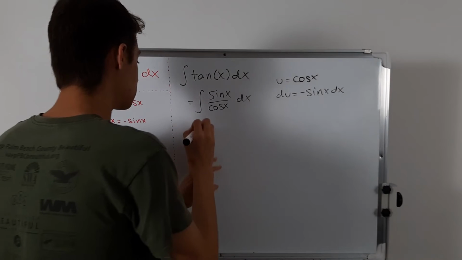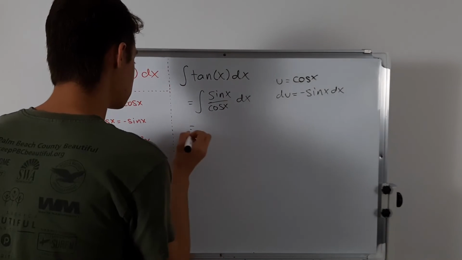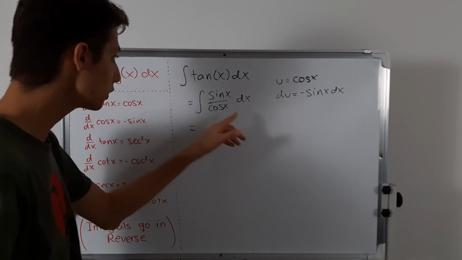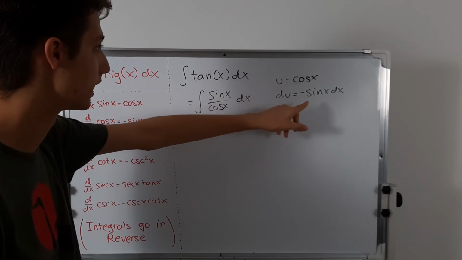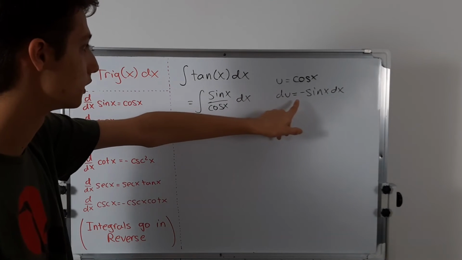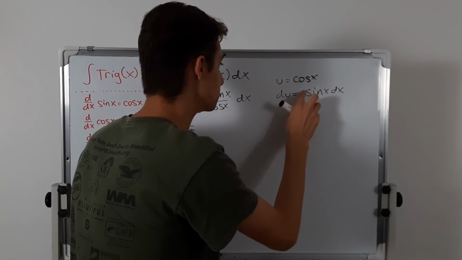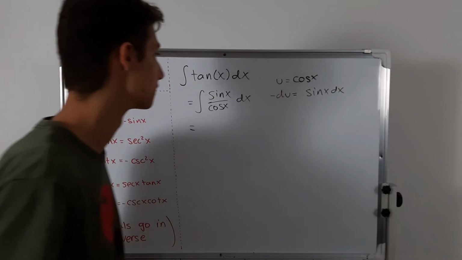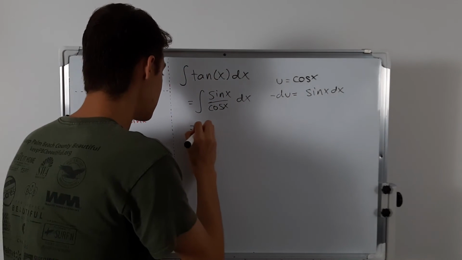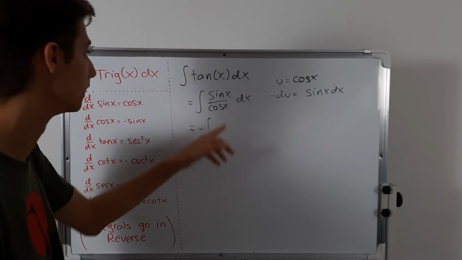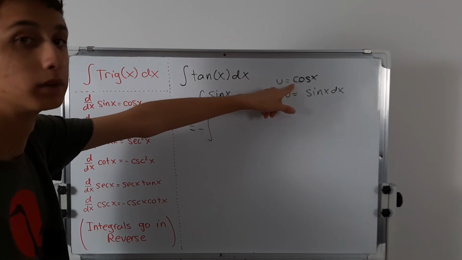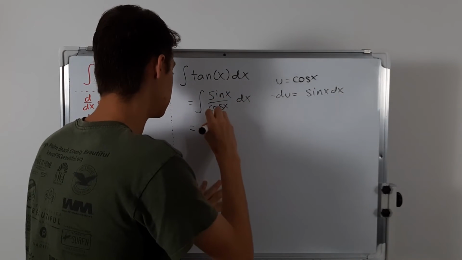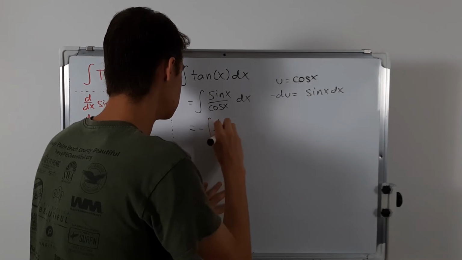So basically we can just replace what we have right now. We have sine of x dx, and that's going to be replaced by negative du, because we can just move this negative to the other side. So we have the negative of the integral of 1 over u du, so I'll just write du over u.